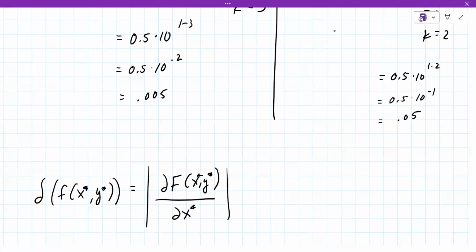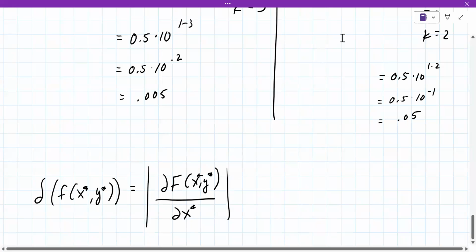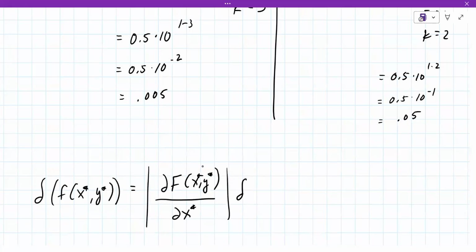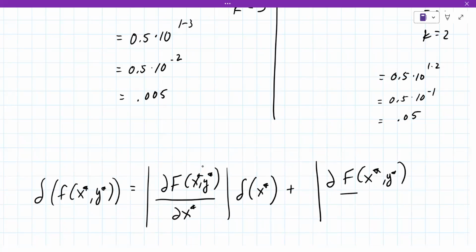Take the absolute value of that number, and then multiply by delta x star, plus the partial derivative evaluated at x star, y star with respect to y, times delta y star. That's the formula.